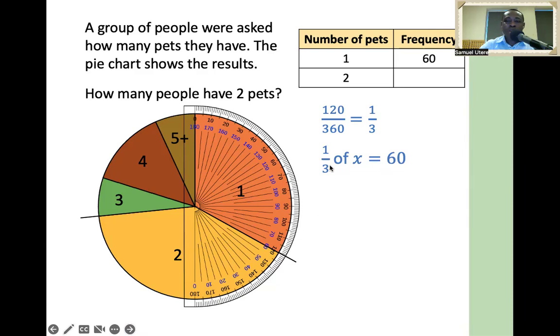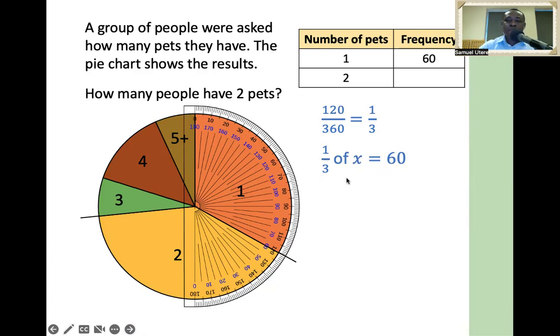That 1/3 of something we don't know is equal to 60. Did you remember what we do, when I explained this in the previous lesson? If you're working out 1/3 of an amount, you multiply with the numerator and divide with the denominator.